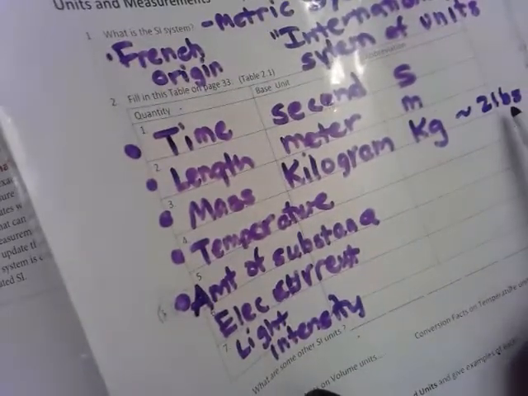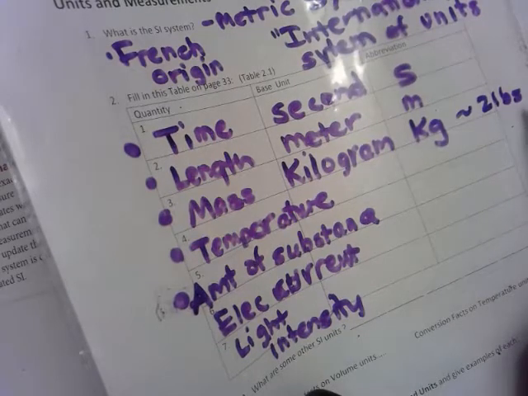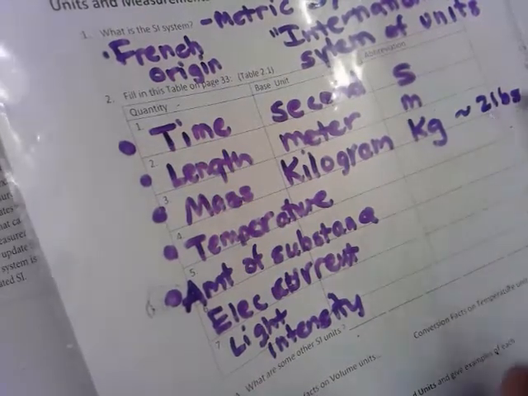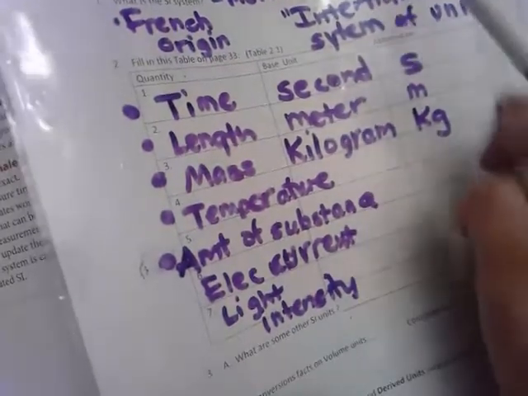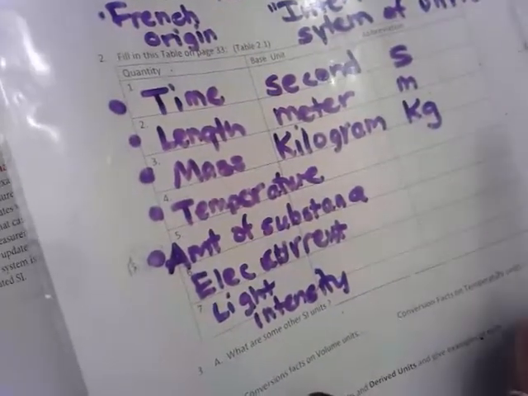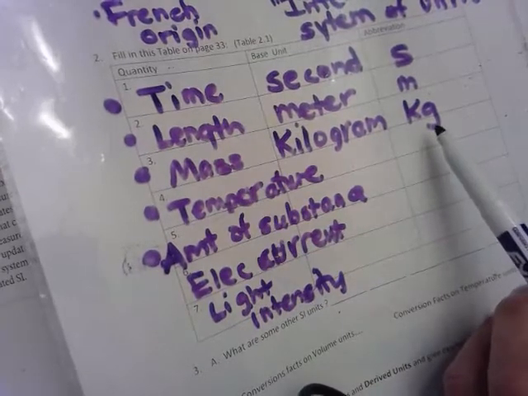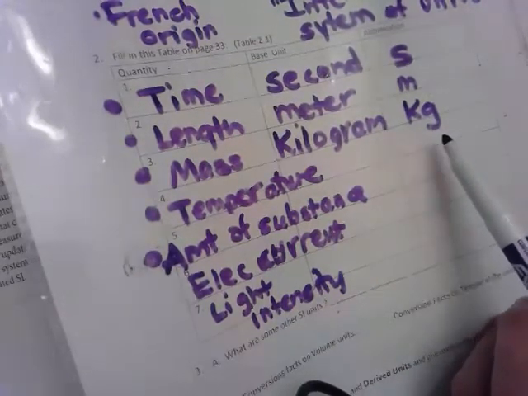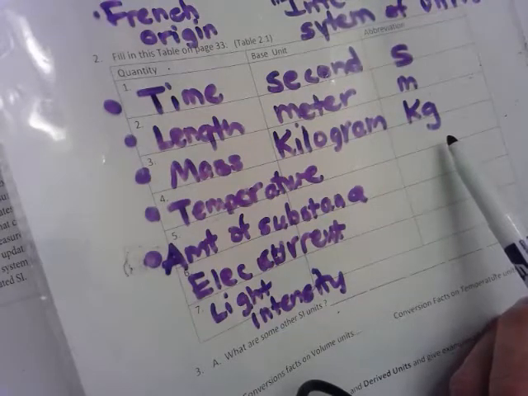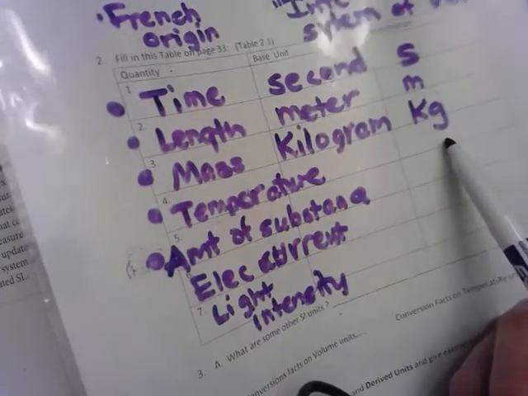That's a little phrase to say pounds, LBS. So just to give you an idea what that is, our mass in pounds is usually about twice as much as in kilograms. So if you're about 150 pounds, you're about 75, 80 kilograms.